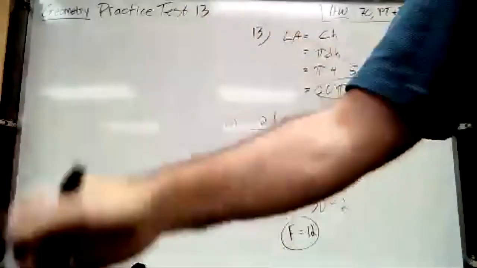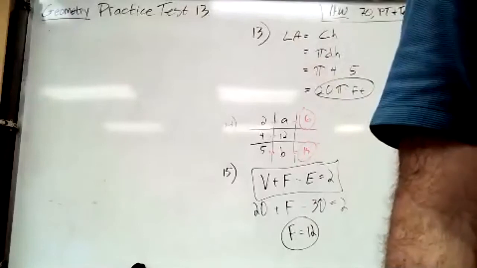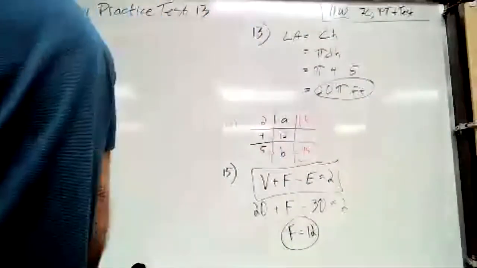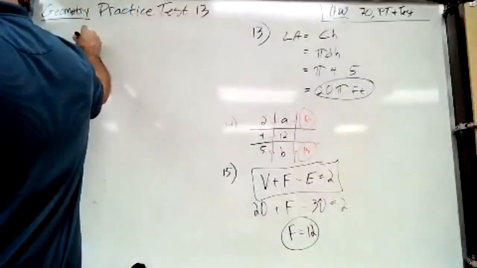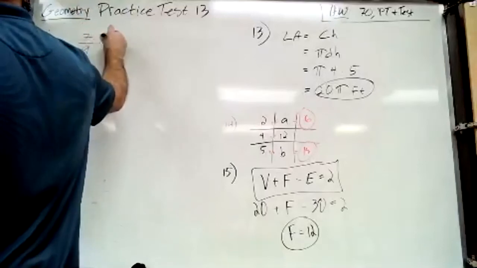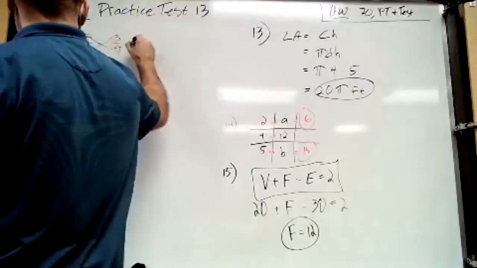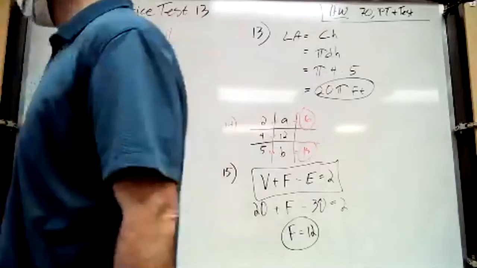It's parallel if the remaining segments are proportional. So are they proportional? Doesn't look like it. We can just set up a proportion. 7/9 equals 3/4. Does 27 equal 28? No, so they're not parallel.